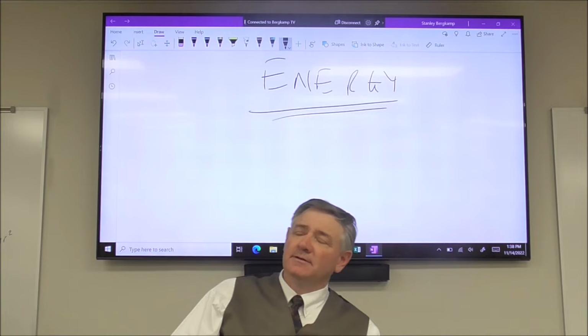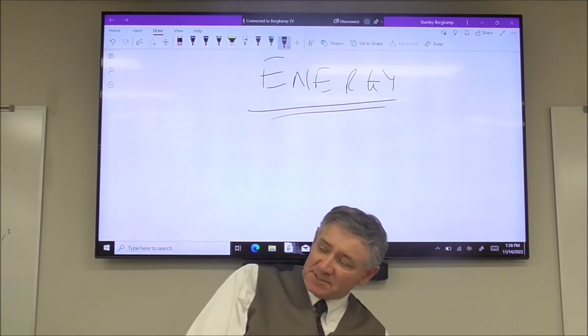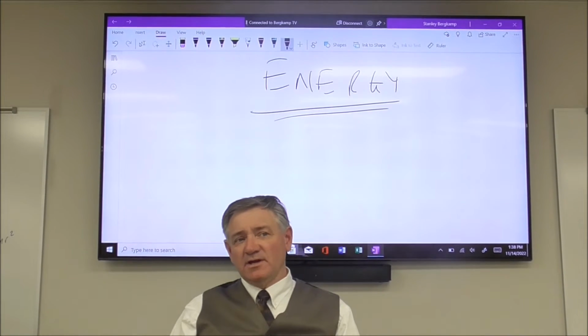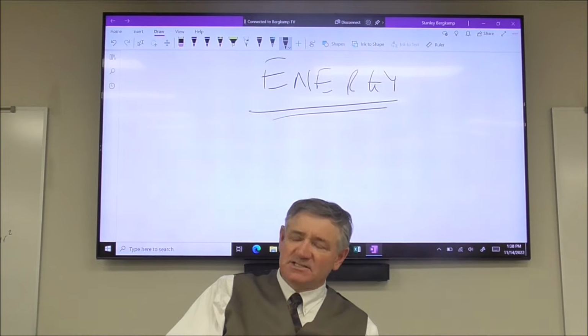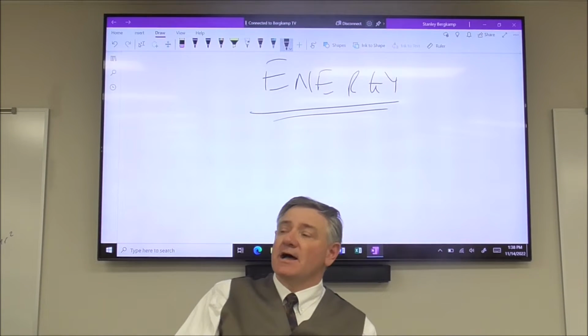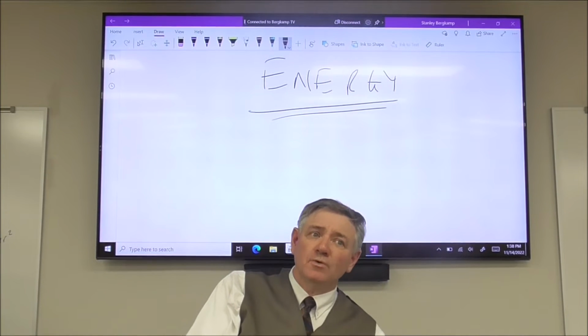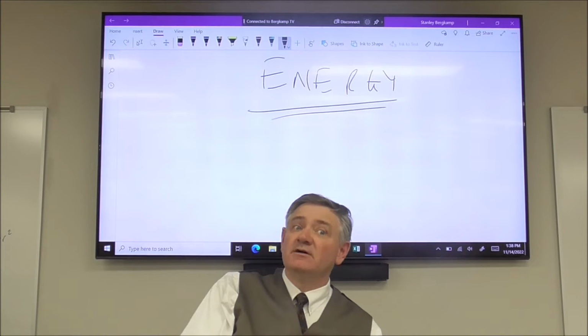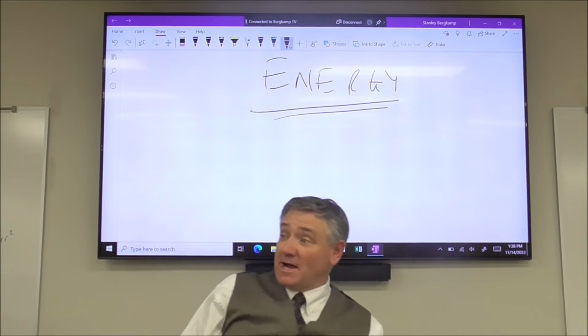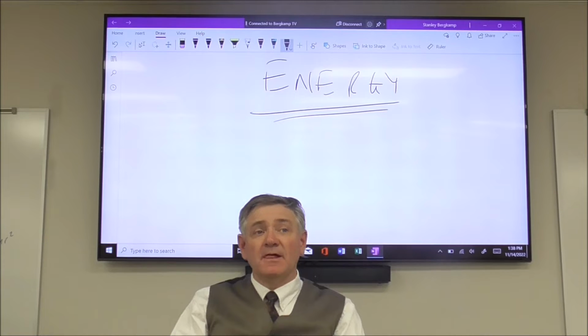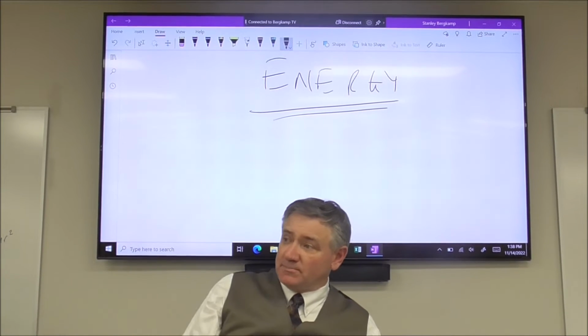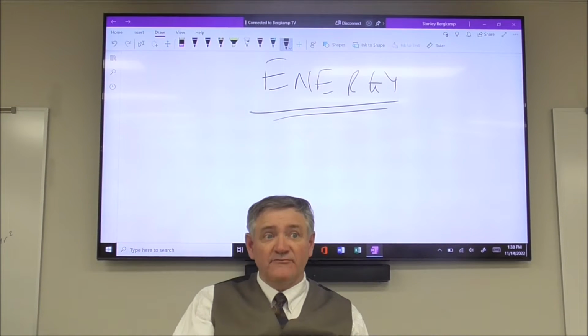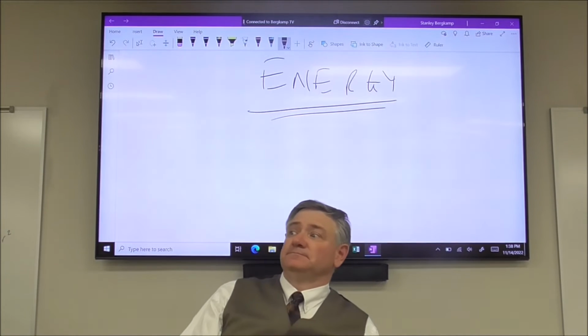So from a physics perspective, we define energy as the capacity to do work. So if you go back to what Louis said, you go to QuikTrip and you buy gasoline. Fundamentally, what are you buying? Energy.